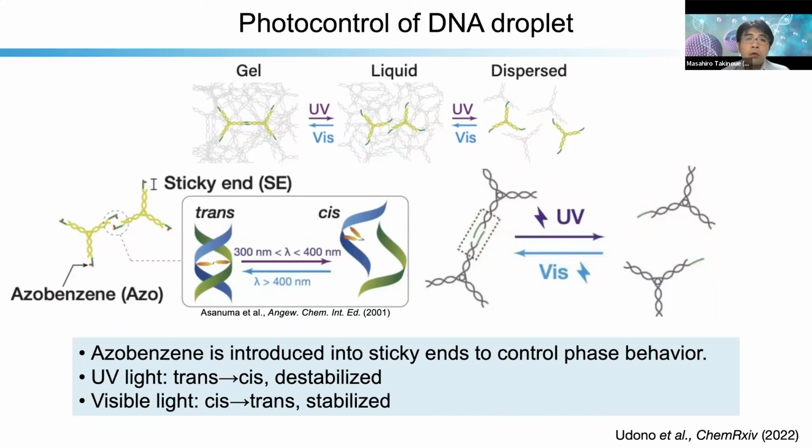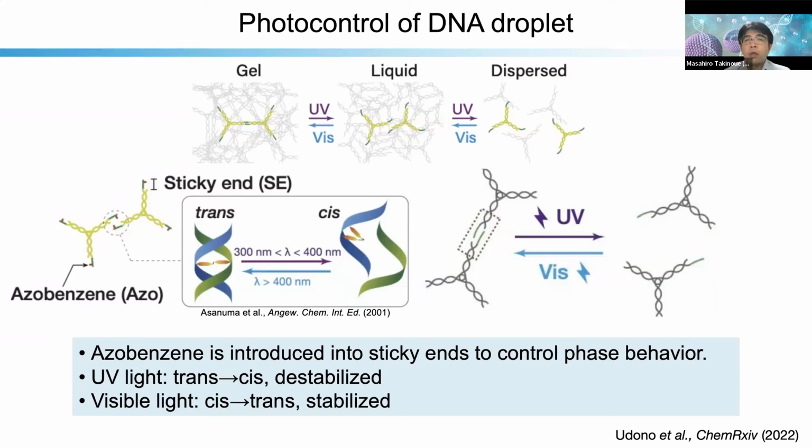So when the UV light is radiated to the system, this azobenzene turns to the cis form like this. And the sticky end hybridization is destabilized. On the other hand, when the visible light is radiated, the azobenzene turns back to the trans form, and the sticky end is stabilized.